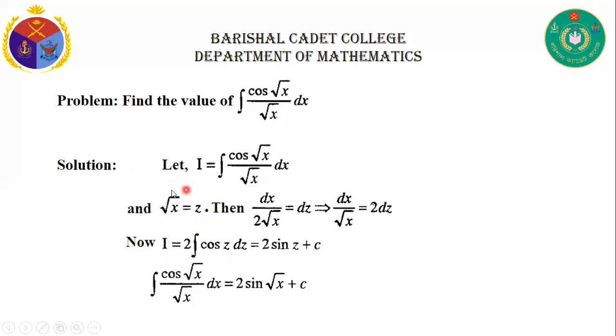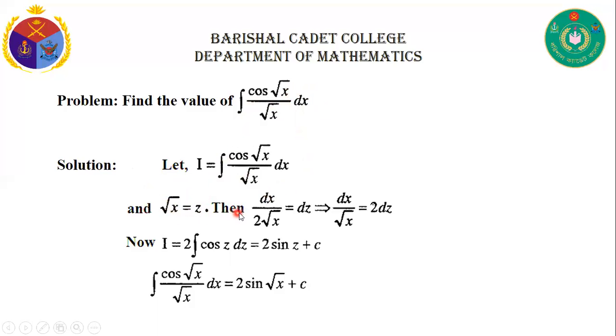Then we get the differentiation. Here we change the variable from x to z, so we also have to change the integrating operator. Here the integrating operator is dx, so we have to change it to dz. That's why we differentiate this.